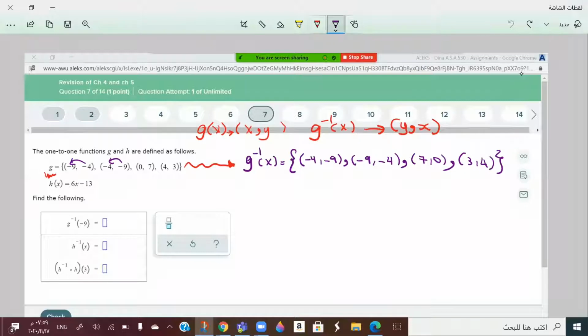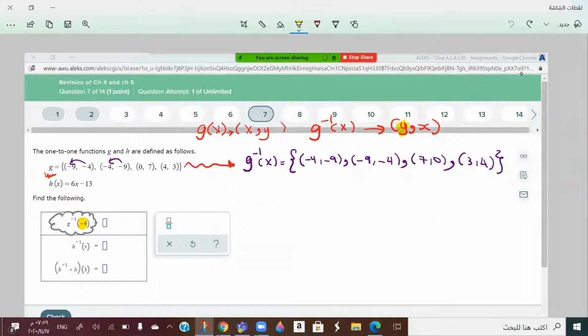Now let's go to the first question. It says I would like to have the G inverse of -9. That means your new input, your new x, should be in your G inverse. So it would like to know what is the output for this input. So let's go to the input of -9. You will search, where is this value?